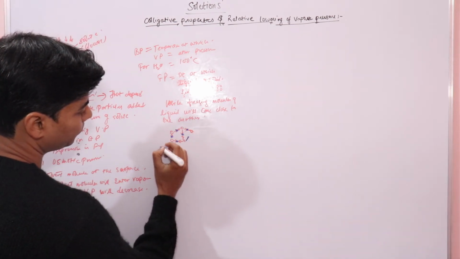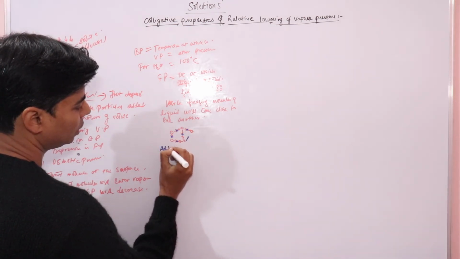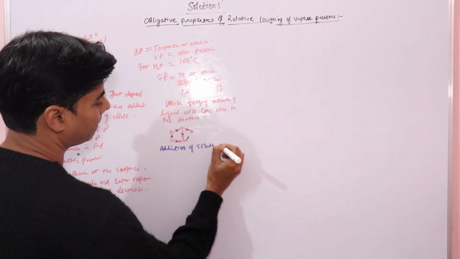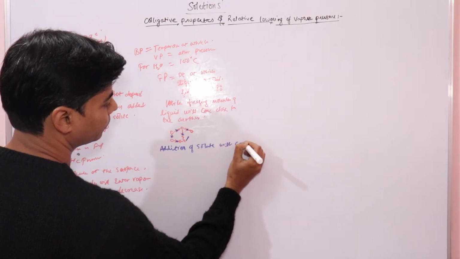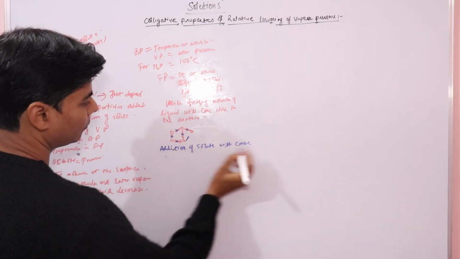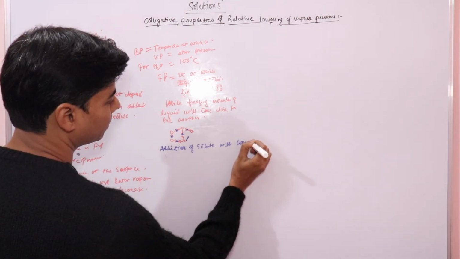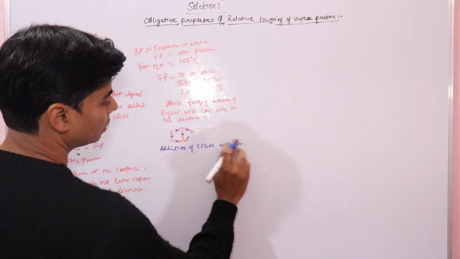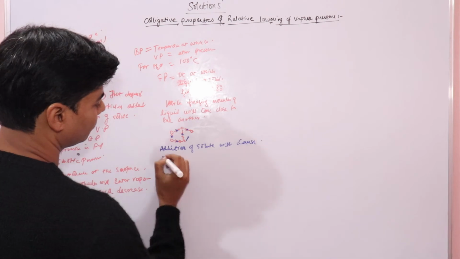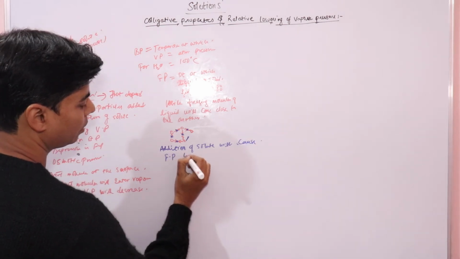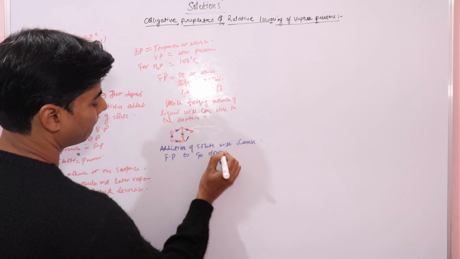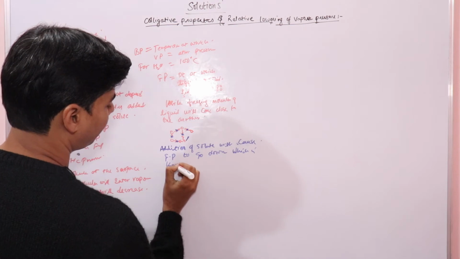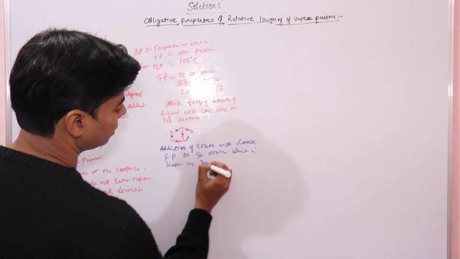So addition of solute will cause the freezing point to go down, which is known as depression in freezing point.